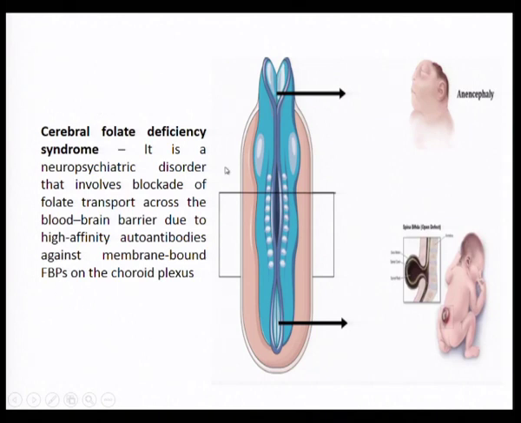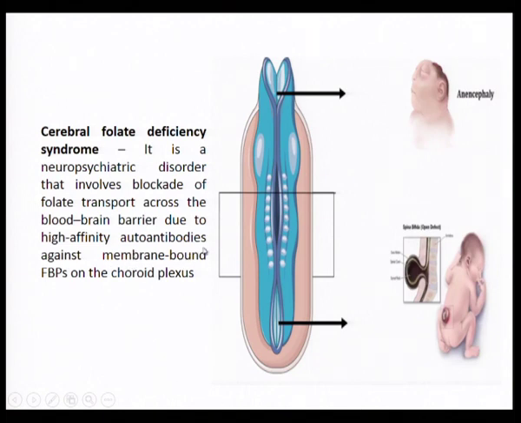This although appears to be a rare condition, there is a blockade of the folate transport across the blood brain barrier, because even in the brain the fast growing cells need folic acid, and it is circulated actually in a normal individual, but here you find there is an autoantibody. So, it is basically an autoimmune disease.